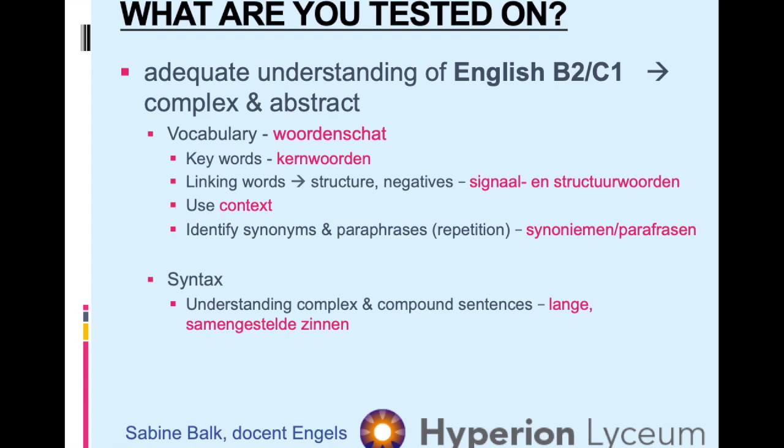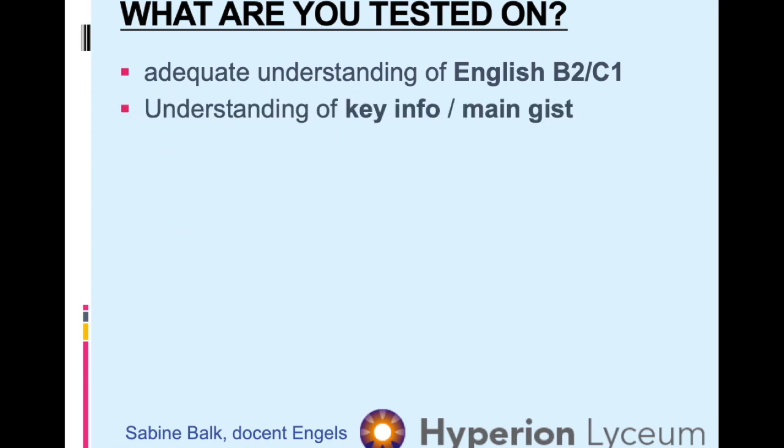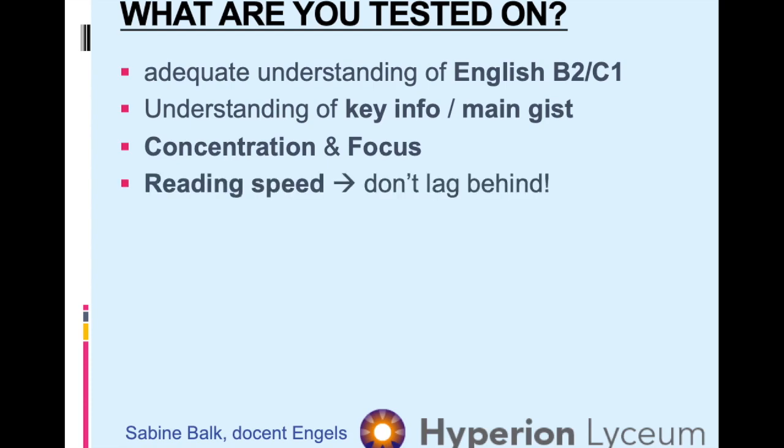Moving on, what are you being tested on by CETO? Besides the level of language, you have to be able to distill the key info, the main gist, from everything that you hear in the clip. Concentration and focus is very important in order to do well. Your reading speed: you shouldn't lag behind because then you won't be able to answer the question in time and read the next question.